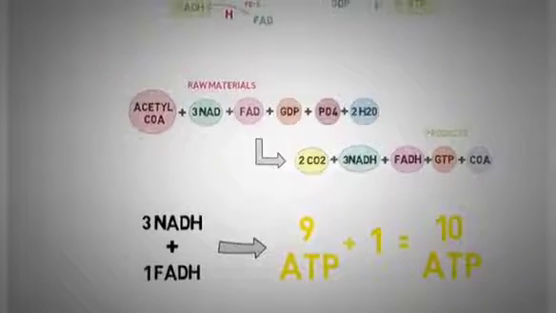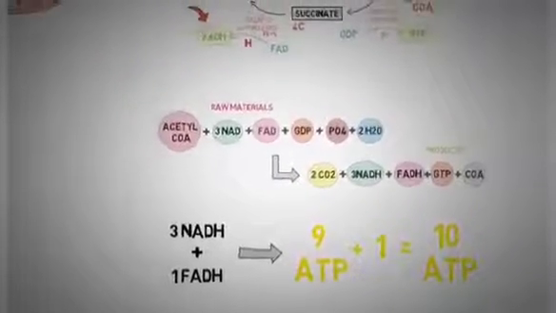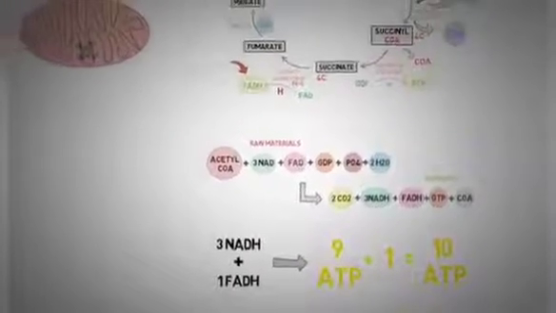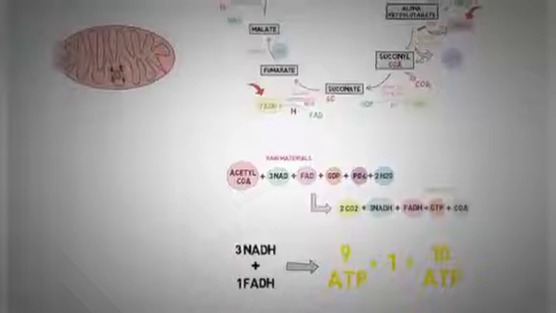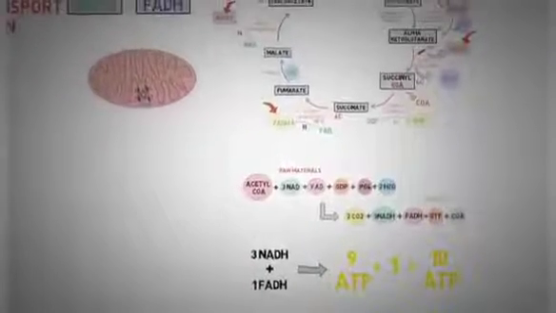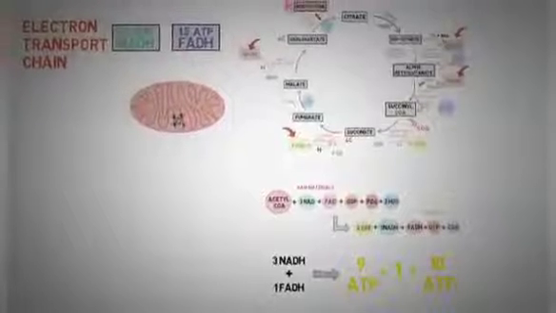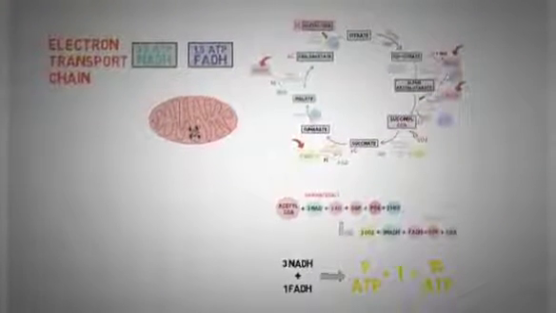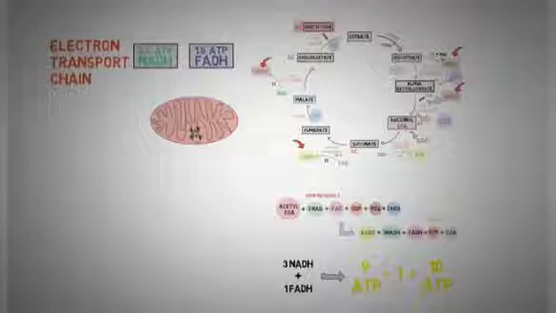Thus, one acetyl-CoA unit generates approximately 10 molecules of ATP through one turn of the Krebs cycle. Since previously in glycolysis, one glucose was split into 2 pyruvate, which were further converted into 2 acetyl-CoA molecules, which enter the Krebs cycle, 20 ATPs are produced per molecule of glucose in the Krebs cycle.